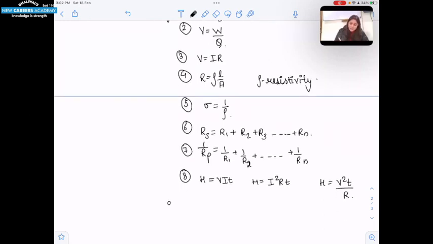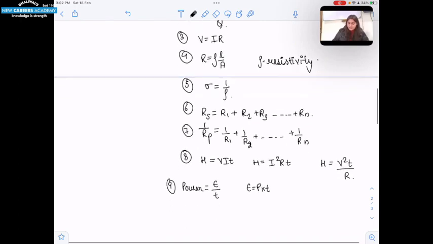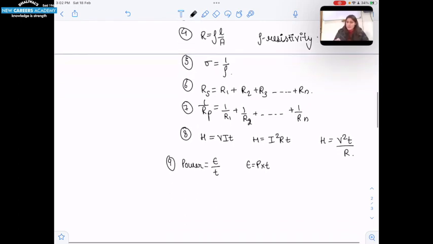Next formulas are power formulas. So power is energy by time. So E by T, or energy is power into time. So there are three derived formulas for power which we derive from heat formulas. First formula for power is P is equal to VI.